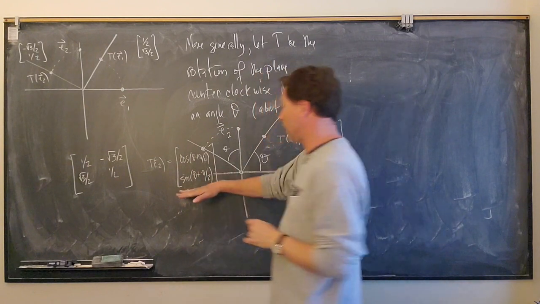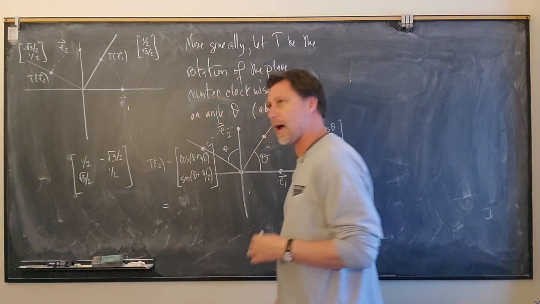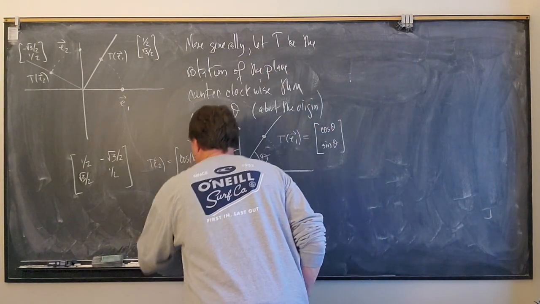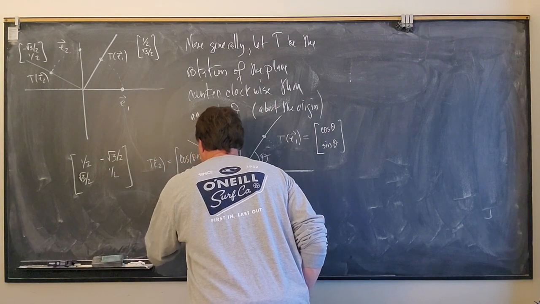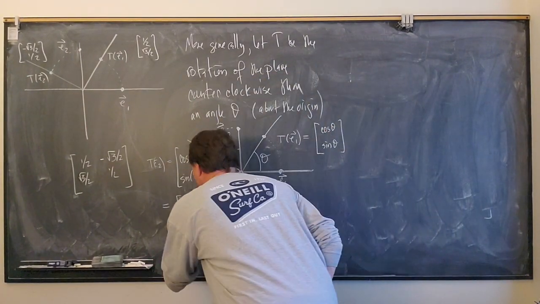So there's the vector. Now, who is that? Well, cosine of theta plus pi over 2, if you remember from your trigonometry, that's the same as negative sine of theta. And sine of theta plus pi over 2, that's the same as cosine of theta.